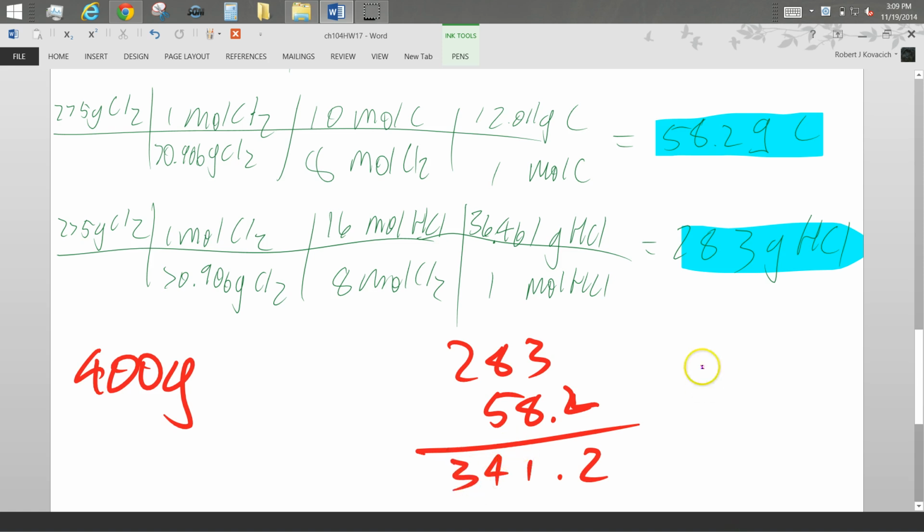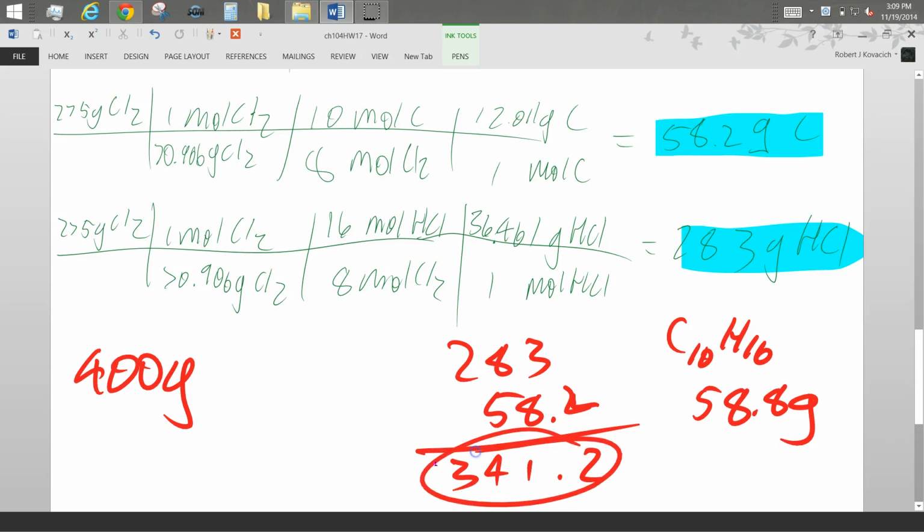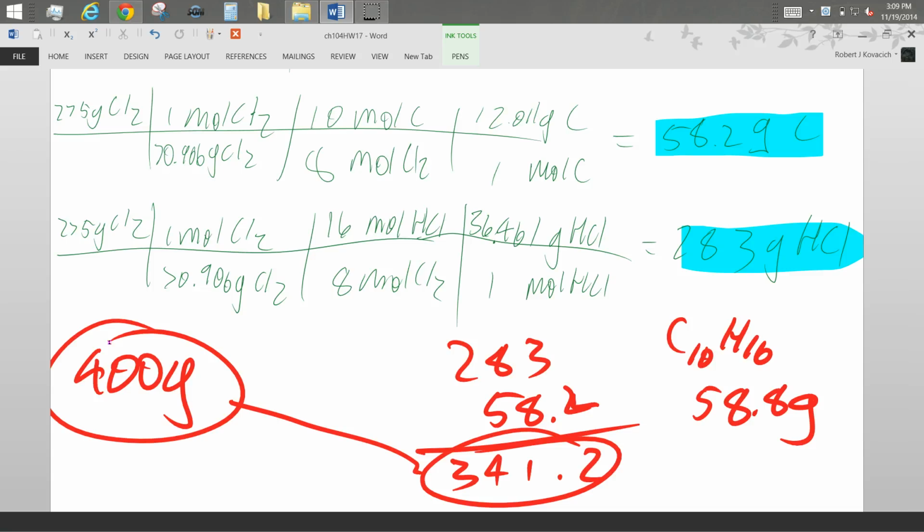So that means there is 58.8 grams of C10H16 left. Are we good with that? So that was just this subtracted off of my starting amount. So if I put 400 grams in the container, I have to have 400 grams total of reactant and product remaining.